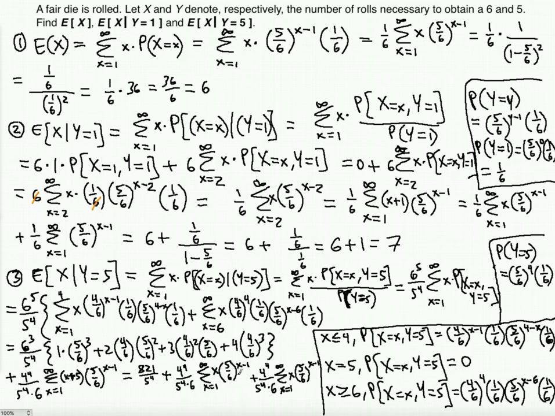Right, so if you do this right, you should be able to do this. You'll have something like this. Notice that 5 to the 4 can be taken out because it's the common factor, right? I'm taking this out.